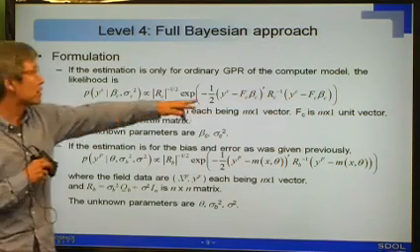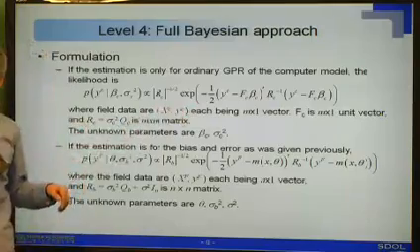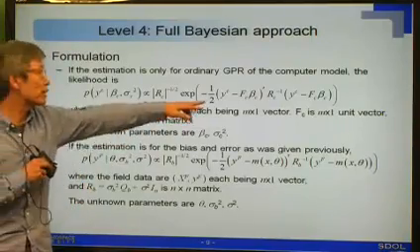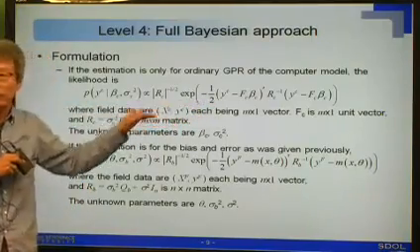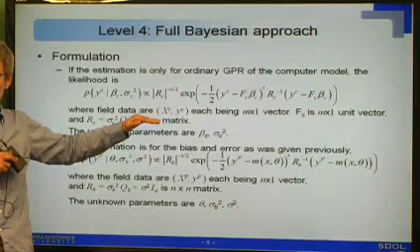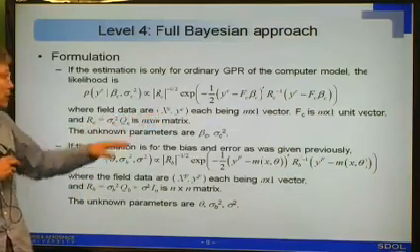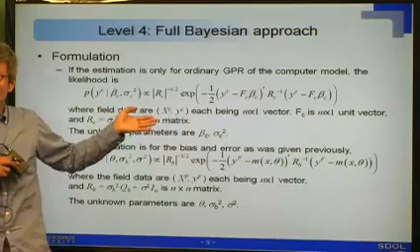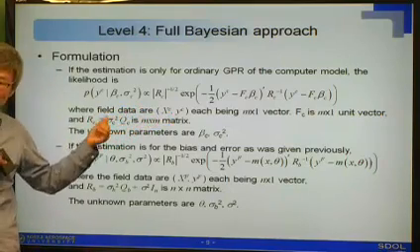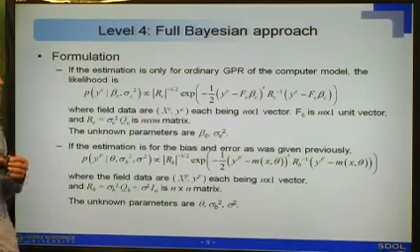Here, YC originally stands for the field data, but in this case it is the computer output. And XC is the DOE, the experimental points that I explained a moment ago.